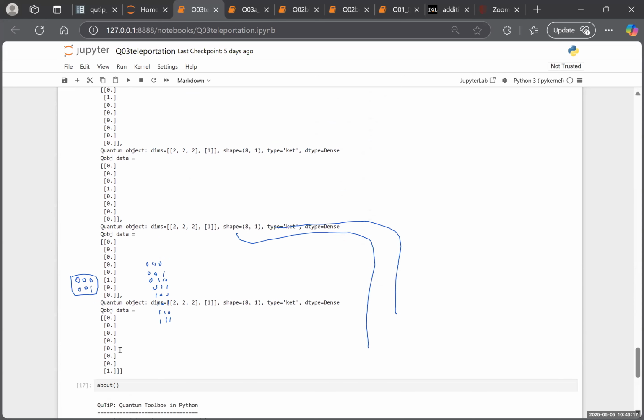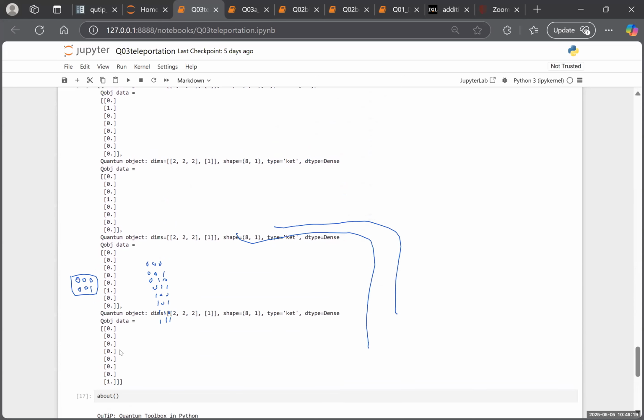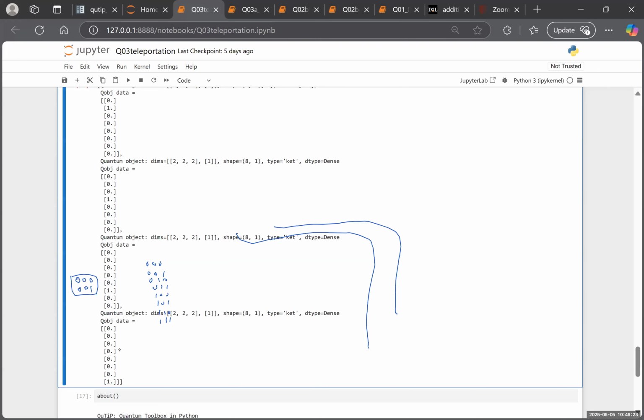So maybe this gives us some hint about this being supposed to be 1. These 4 locations represent the qubit, 1 is 1.